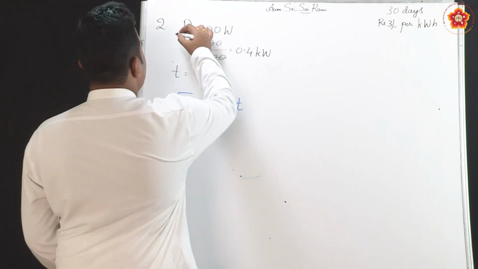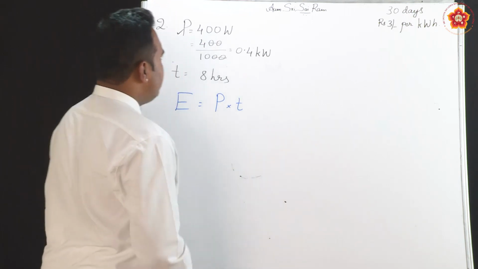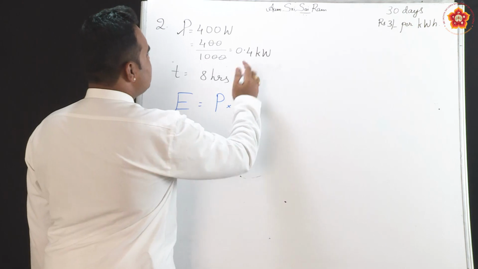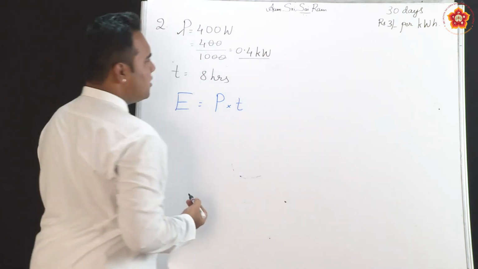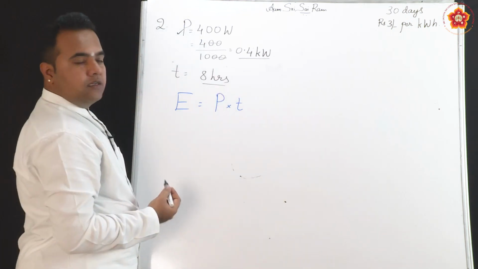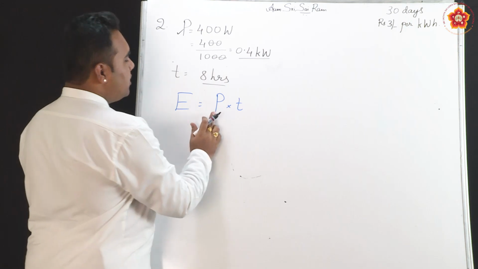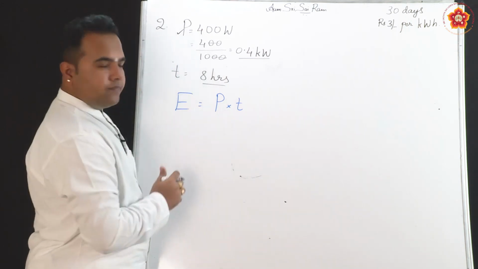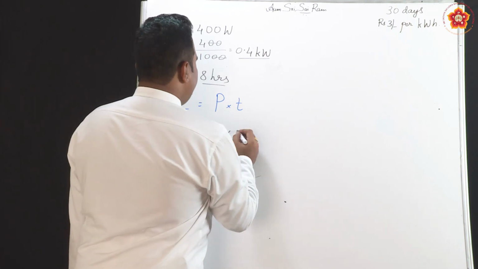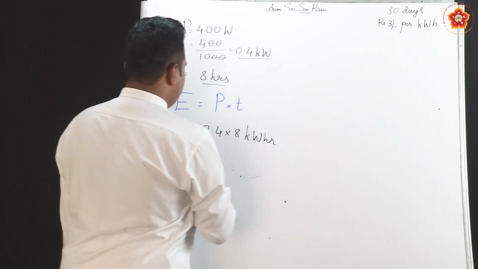So, they have given the power consumed as 400 watts. Now, I want to convert it in the commercial unit, that is kilowatt. So, therefore, I divide it by 1000, I get 0.4 kilowatts, and then time is 8 hours. So, if I want the electrical energy, it will be the product of power and time. So, power 0.4 into time 8 hours, the unit will be kilowatt hour.